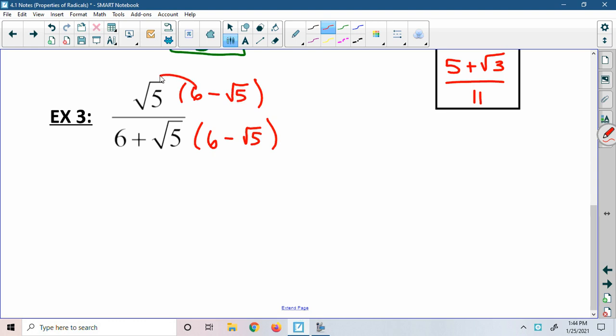On top, distributing the square root of 5, square root of 5 times 6. Can't do much with that. It's just 6 times the square root of 5 minus the square root of 25. And then on the bottom, we will do our foiling.